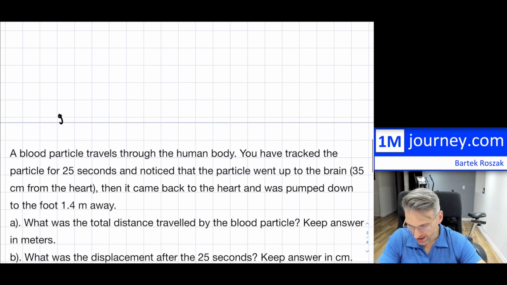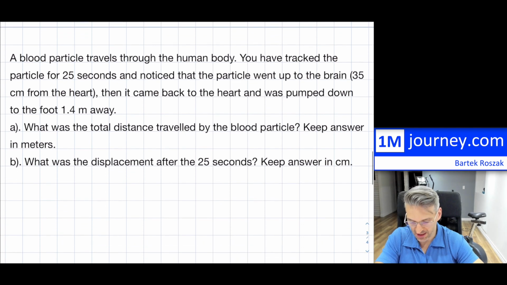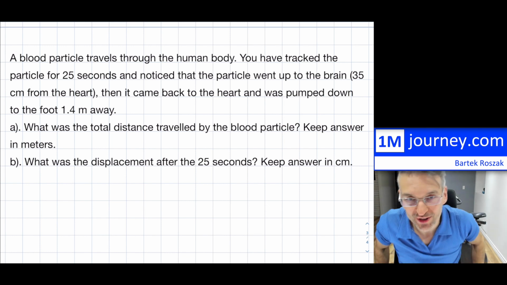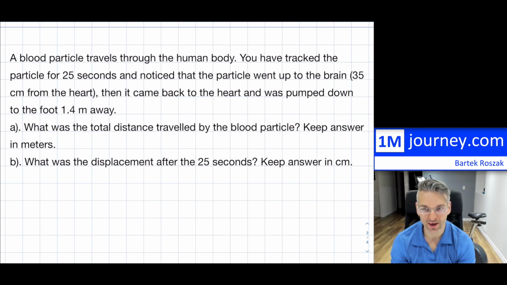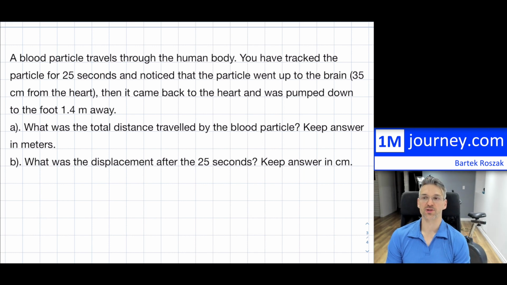I have as a final here a little example for you. This example has nothing to do necessarily with walking between your friends, grocery stores, bike shops, and cell phone shops, but is more about a blood particle traveling through the human body. So let's see how we can capture this.